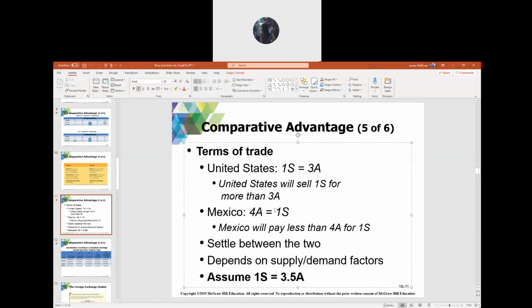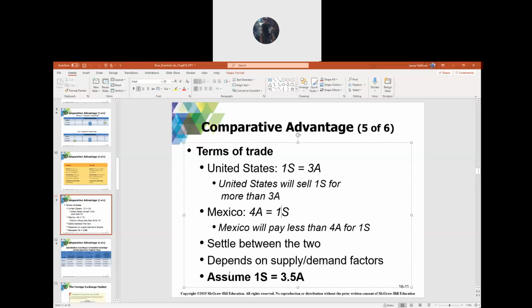Okay? So that means that we need to get somewhere for 1 soybean that is in between, like 3.5 or 3.7. So anywhere between these boundaries after specialization, both countries are going to be better off with this trade agreement. So Mexico will pay less than 4 avocados for 1 soybean, and the U.S. will receive more than 3 avocados.